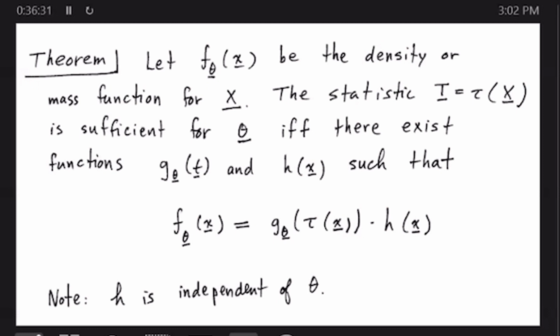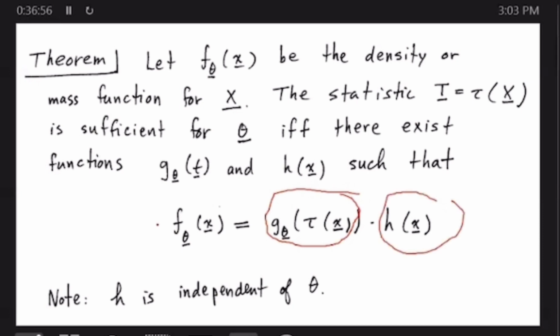What Fisher and Neyman did is they looked at the joint distribution, which is the likelihood, and partitioned that mathematically into two separate functions. One of them has a theta, and the other one, h of s, does not have a theta.